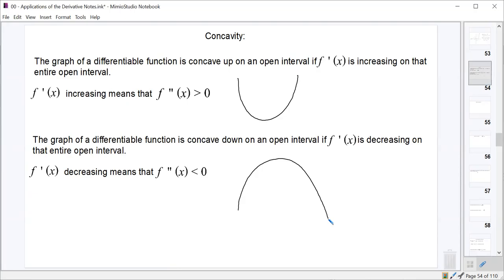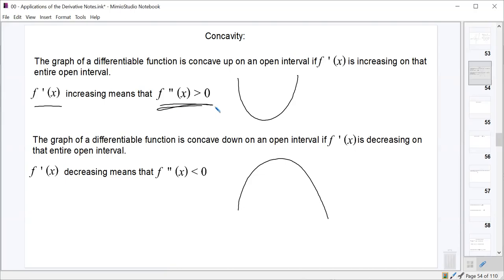And if our derivative increases, that means its derivative must be positive. And a derivative increasing means that the slopes are increasing, and that is the exact definition of being concave up. And if these slopes are decreasing, that is the exact definition of being concave down. Our slopes are decreasing across that domain.